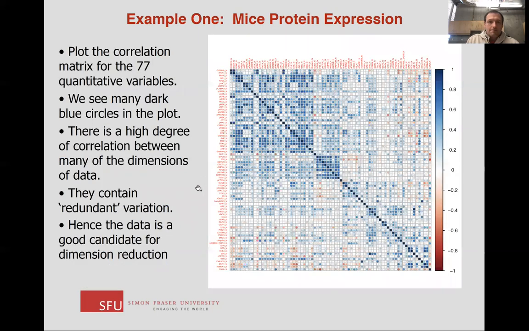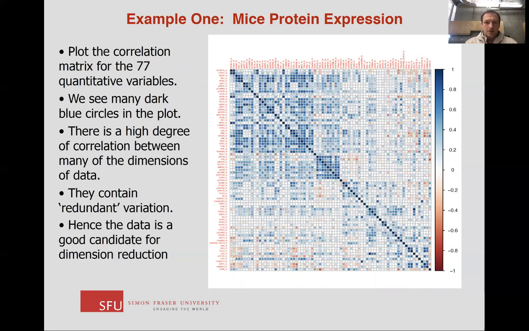All right, so let's take a look at the correlation between the 77 quantitative variables. I've used corrplot here, which again is a nice package for visualizing information. And what do we see here? Well, we have a lot of blue squares, and the dark blue squares indicate that the columns of data are correlated.